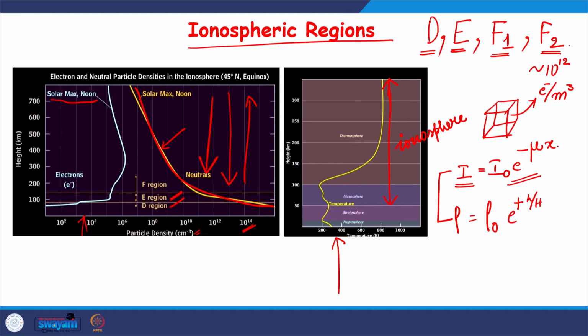There are enough photons and enough neutral species to take care of all these photons and release a maximum number of electrons and ions. That will be the altitude where the F2 region will exist, where the maximum number of electrons will be present.